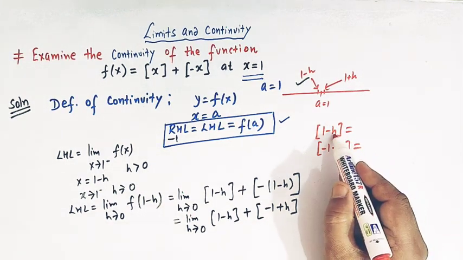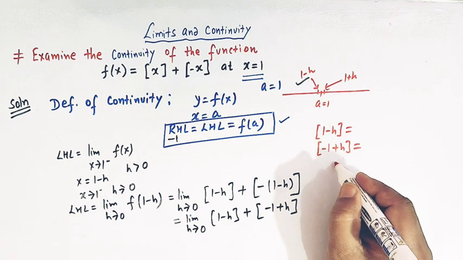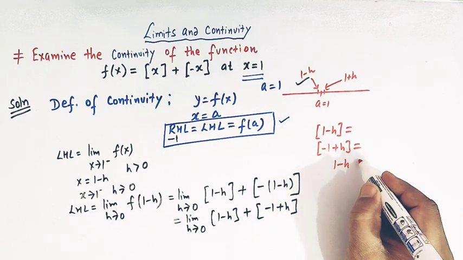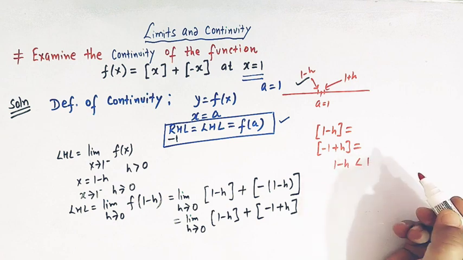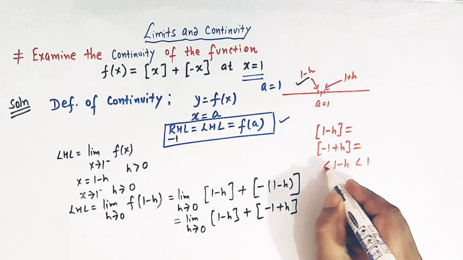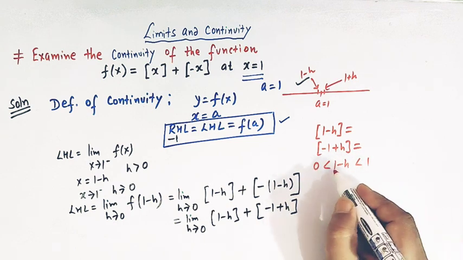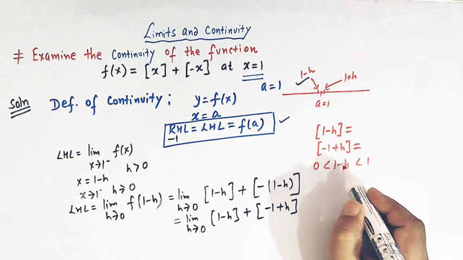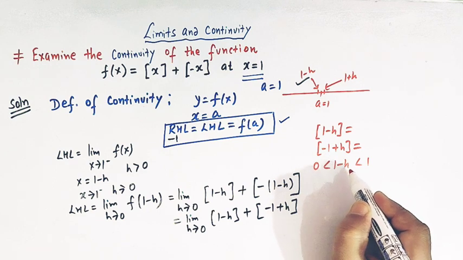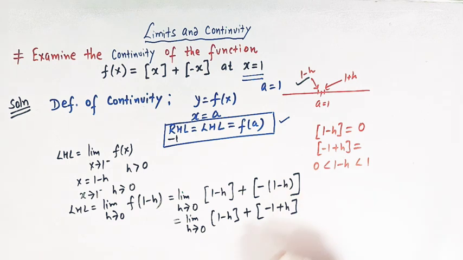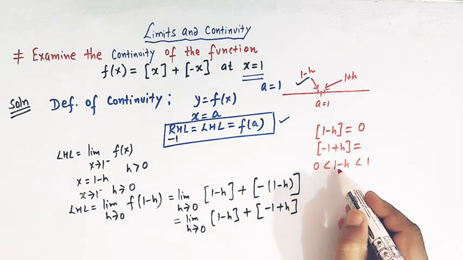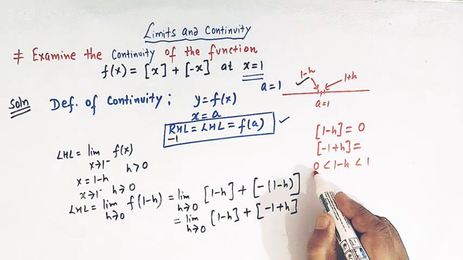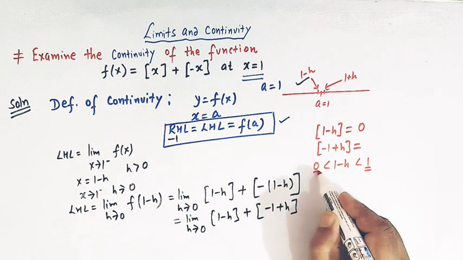Since h is a positive quantity, 1 minus h is less than 1, but 1 minus h is greater than 0. So by definition of greatest integer function, the greatest integer of 1 minus h must be equal to 0, because 1 minus h lies between 0 and 1.